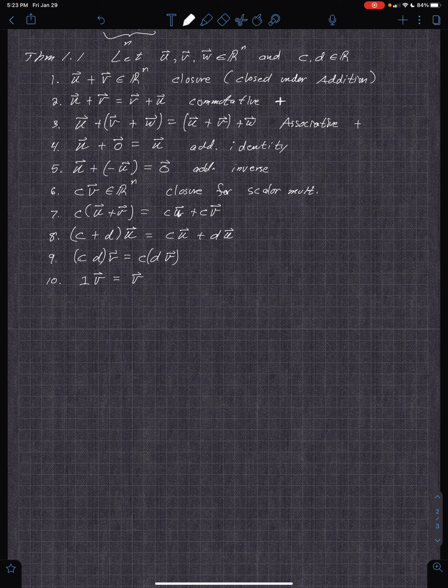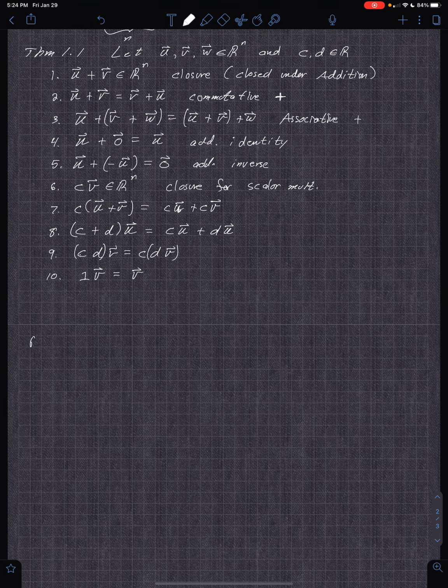You don't need to know the name necessarily, but you need to know these are properties that we get to apply. So next we will prove, I think we're going to do 1. No, we do 2. I'm just going to prove commutative. I want to show you how you look at commutative with the definition of addition. There's proofs for all of these you can go through, and I think I assign a few of those.